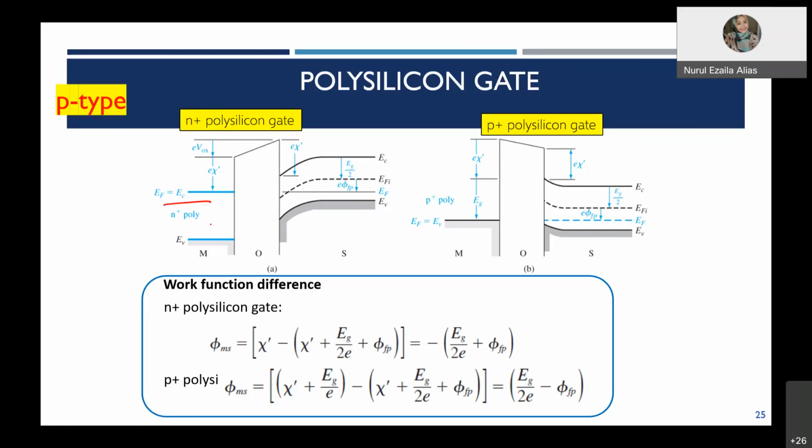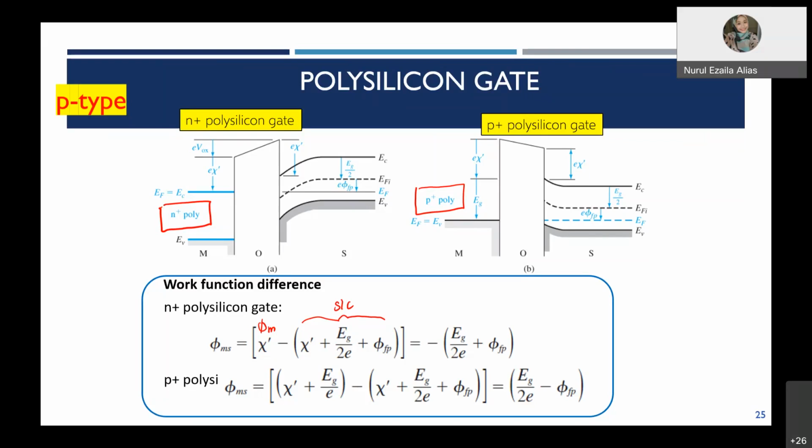So for the N plus polysilicon gate, the metal work function is equal to this one. So chi, this is actually referring to the metal, phi m, minus this for the semiconductor. And finally, you will get the equation Eg over 2 plus phi fp. So this is phi ms for the N plus polysilicon gate. For the P plus polysilicon gate, it is the same.